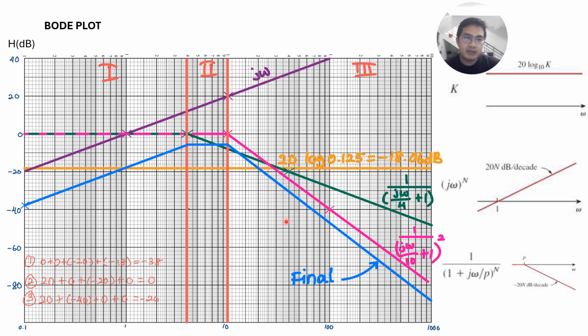And then for the third part, 20 here, and then negative 40 here, and then 0, and then 0. So that's why we can get negative 20 total. And so here is the straight line that we can get.